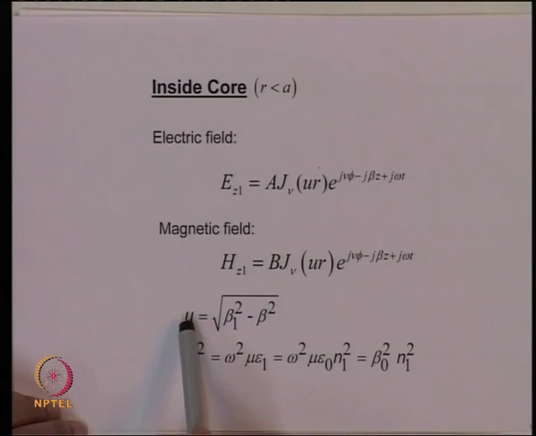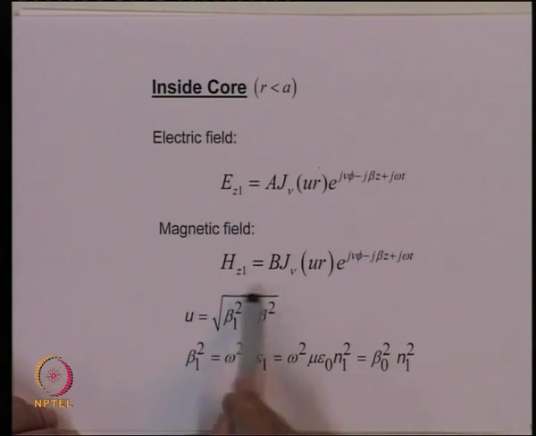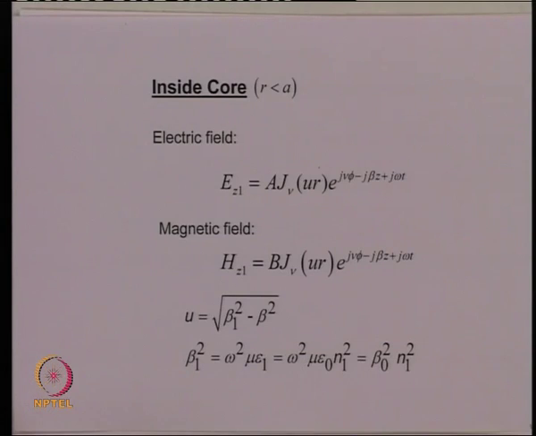This quantity u, which we can call the radial propagation constant inside the core, is given by the square root of beta 1 square minus beta square, where beta is the phase constant of the mode or the field distribution which is going to propagate inside the fiber, and beta 1 is the phase constant of the medium filling the core, that is, of refractive index N1.